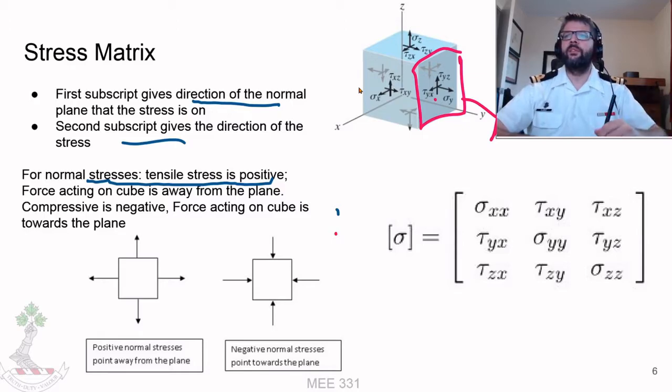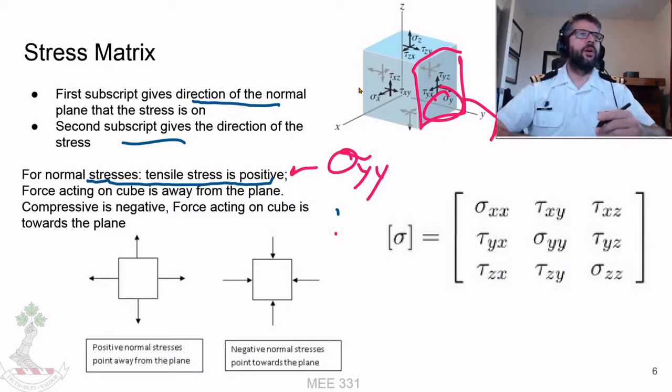If we had that negative, then it's a sigma YY. It's still going to be acting on the y face. It'll just be acting in the negative y direction, so pressing inwards.